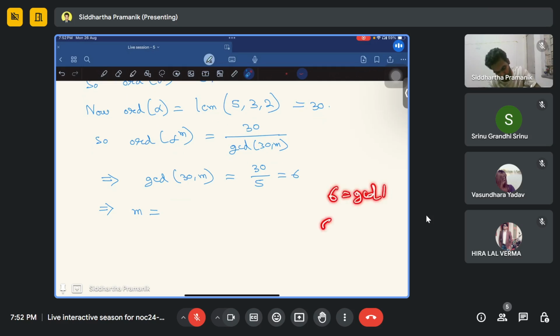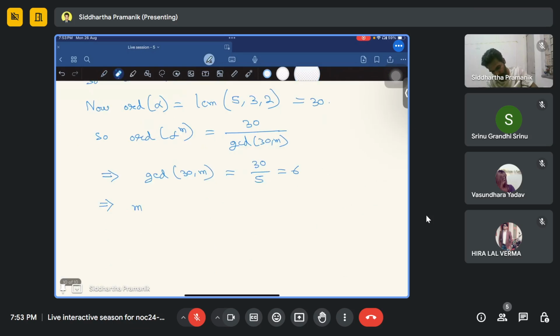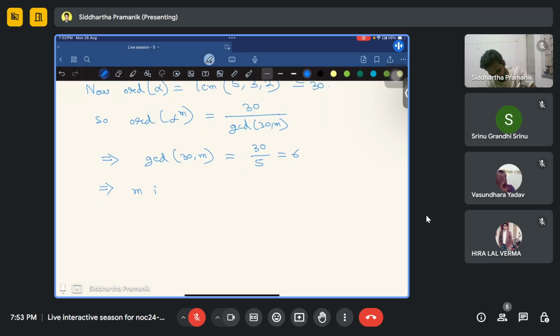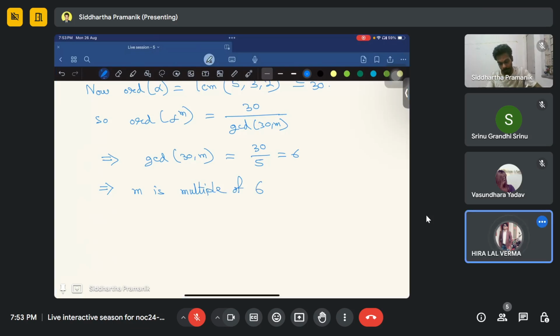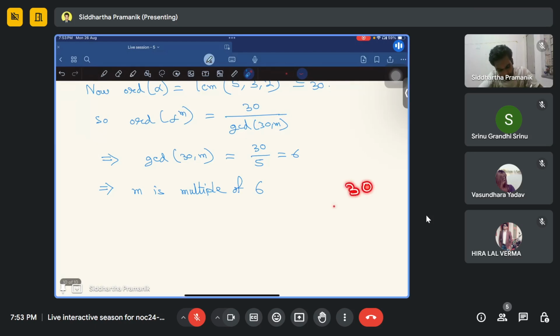So 6 should divide both 30 and m. That means m should be a multiple of 6. That is the only thing. But you have to observe that 30 is also a multiple of 6.